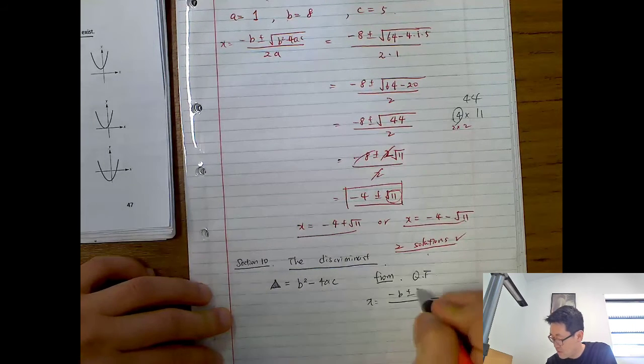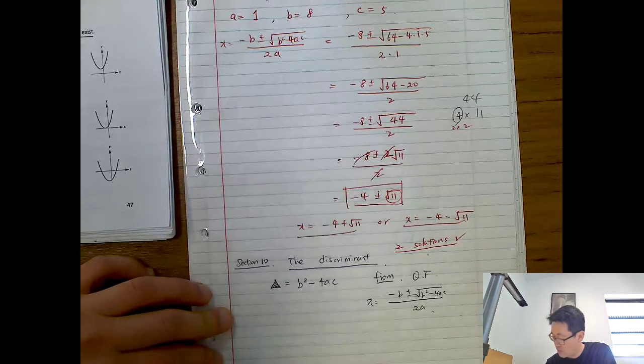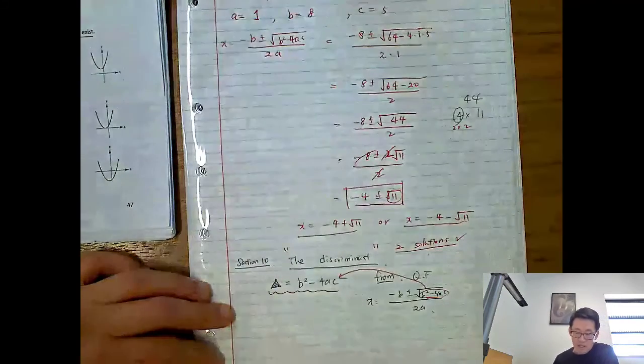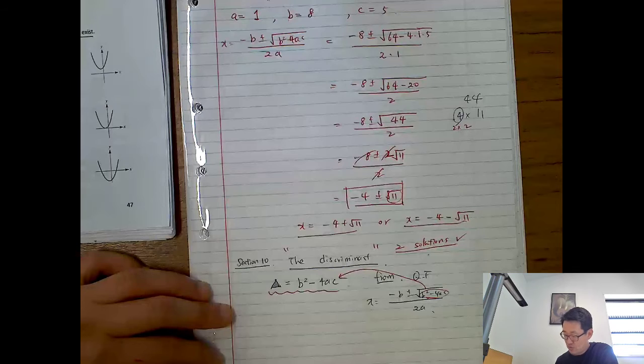Minus b plus minus root b squared minus 4ac over 2a, wasn't it? Yes. And that inside part we call the discriminant. And it has a characteristic, it's actually really important to see how many solutions we may have. We can actually guess it through just looking at the discriminant.